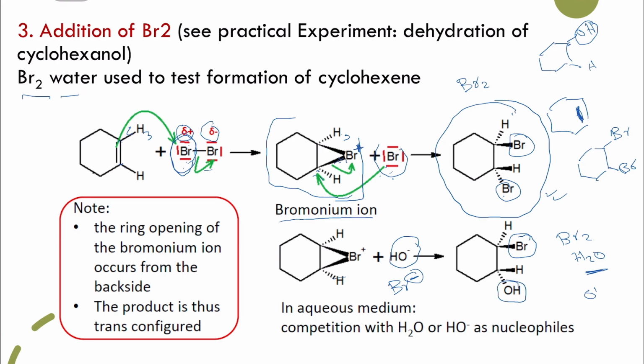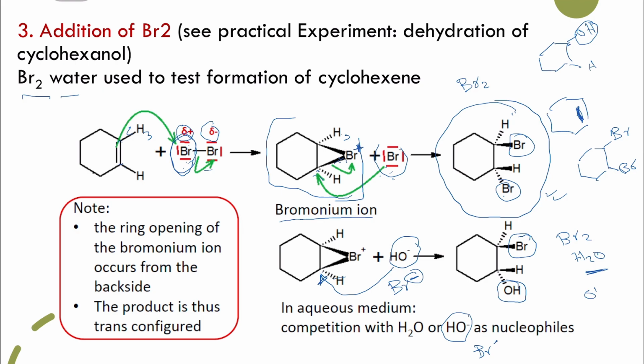So when you have bromine water, then an OH will be added in the second step to one of these carbons. In aqueous media, there will be competition between the OH as a nucleophile and the bromide with the negative charge that has been formed.